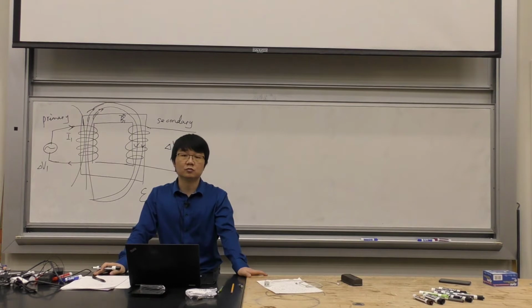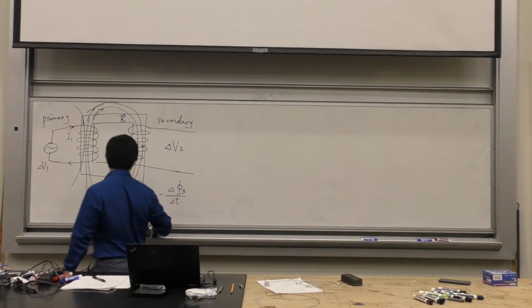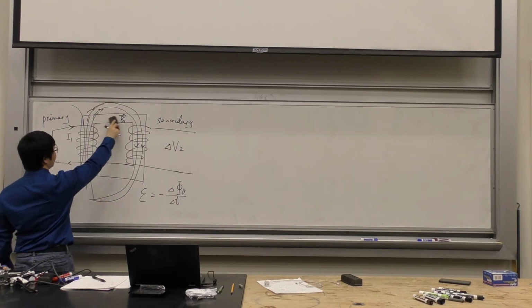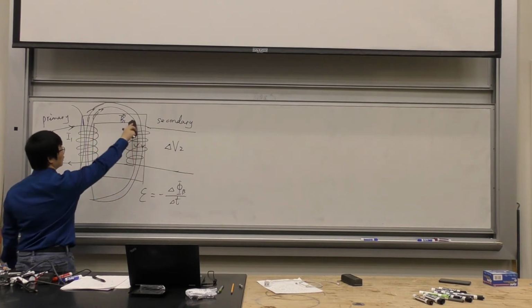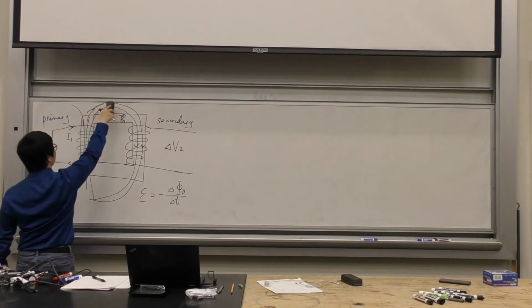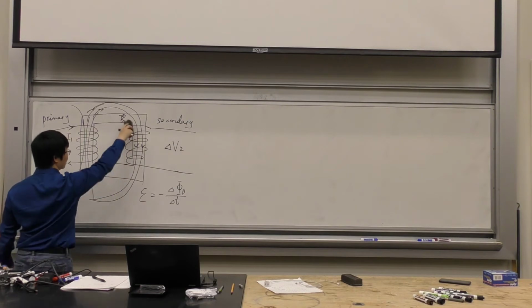It's still magnetic. It's still EMF induction, even though they're not in contact. And we use this iron core to guide these magnetic field lines. So most of the magnetic field lines are going to go through this secondary core. There's still some magnetic field lines outside, but most of them are going to be inside this core.